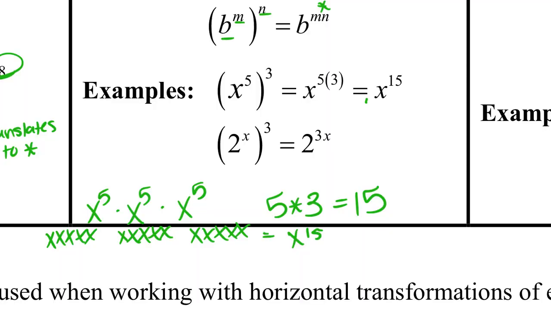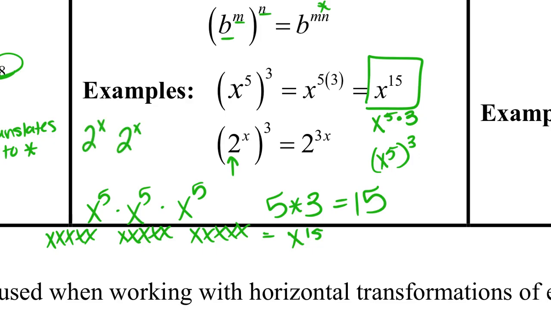And if we see x to the 15th, then we know that is 5 times 3, and multiplication translates to a power, so x to the 5th would need to show up 3 different times. Same thing here: my base is 2, my exponent is x, so it would be like writing 2 to the x, 2 to the x, 2 to the x.